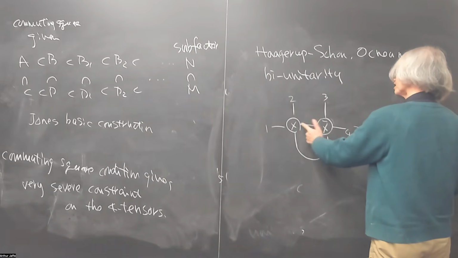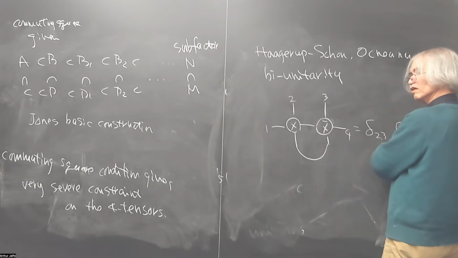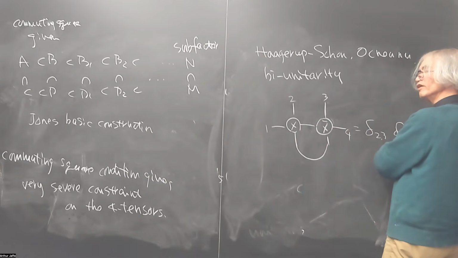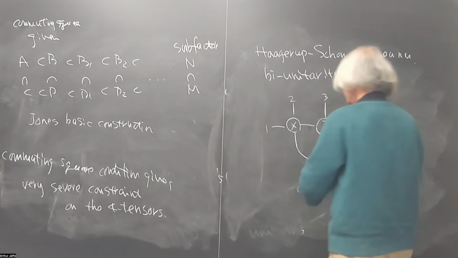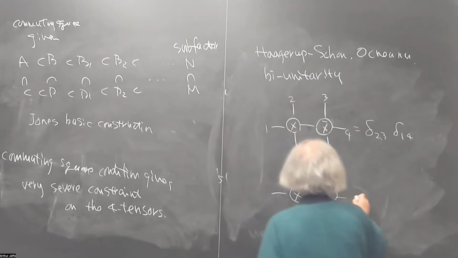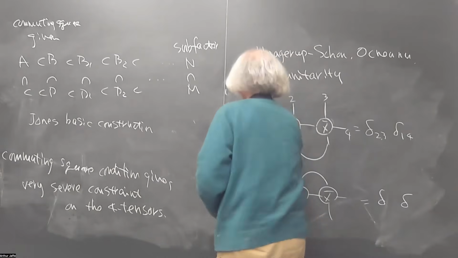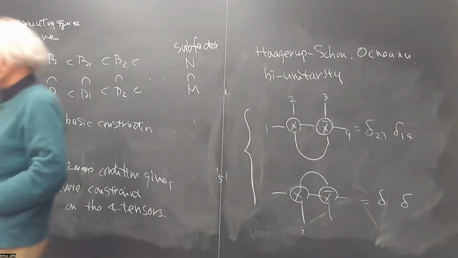This is a multiplication of x and x star, and we get the identity. So this is a kind of unitarity. And we have another unitarity. So we now close this one, and again we get the identity. So these two are the bi-unitarity.